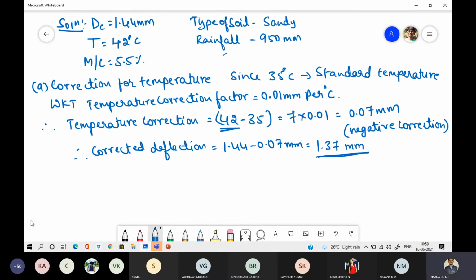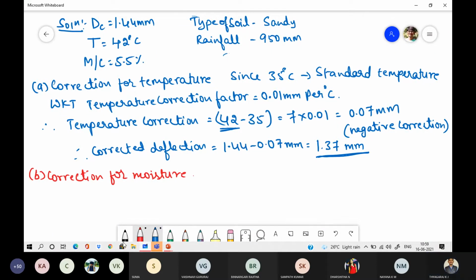Okay. Now the second one is correction for moisture. Have you written the temperature correction?